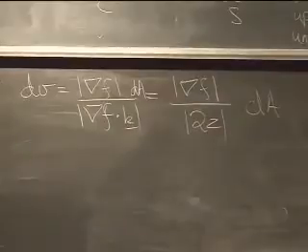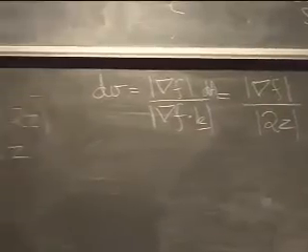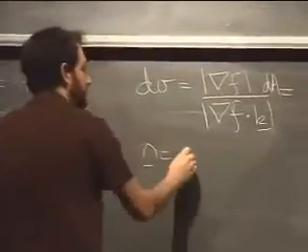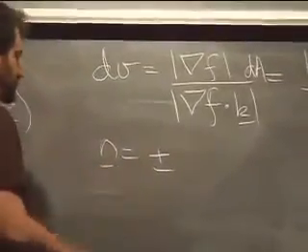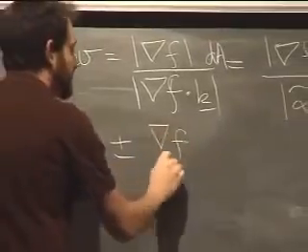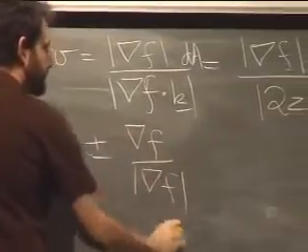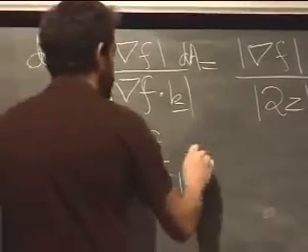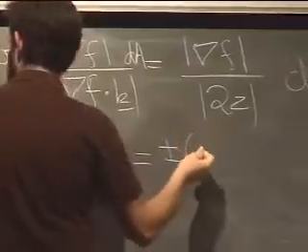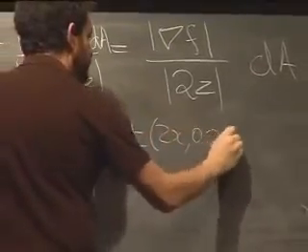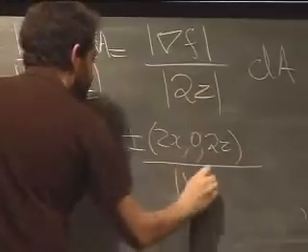All right. We also need what the normal is. We need to find the normal. And as per my previous description yesterday, the normal is plus or minus grad f over its norm. So it's plus or minus 2x, 0, 2z over the norm of grad f.